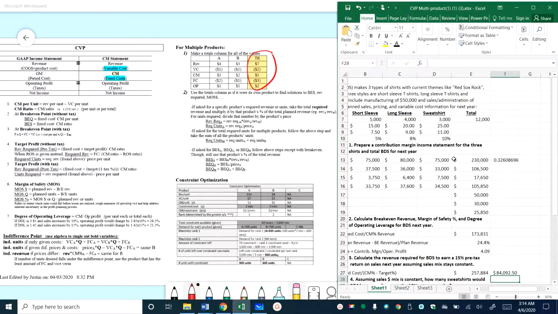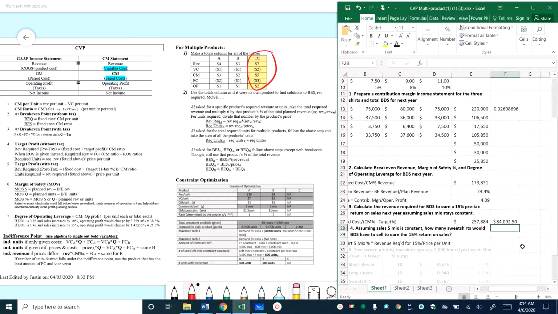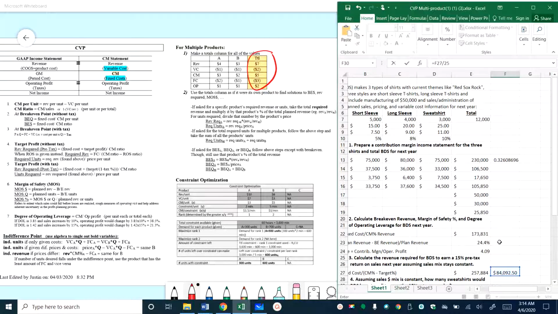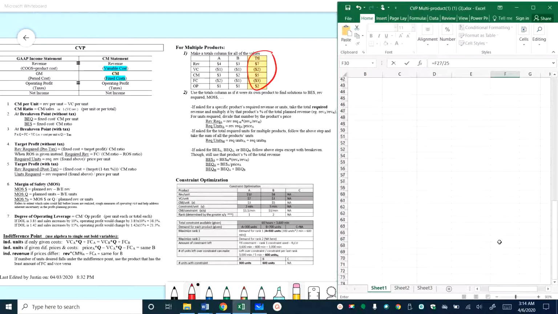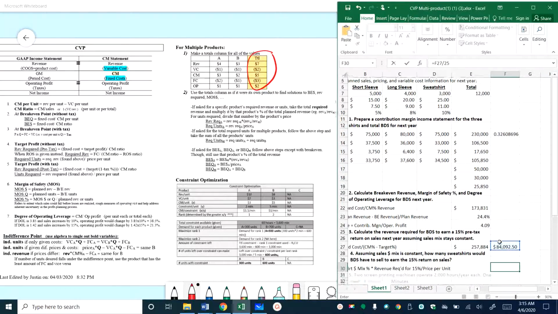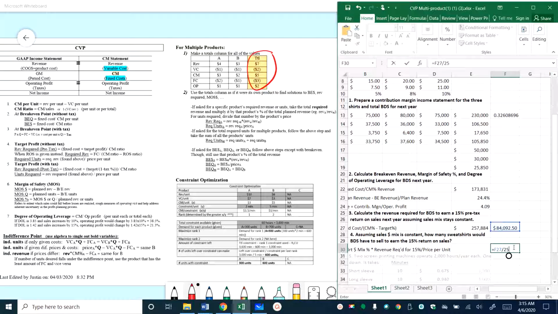And if each sweatshirt only costs $25, then we'll just need to take that $84,000 divided by that $25 per sweatshirt to figure out that we need 3,364.